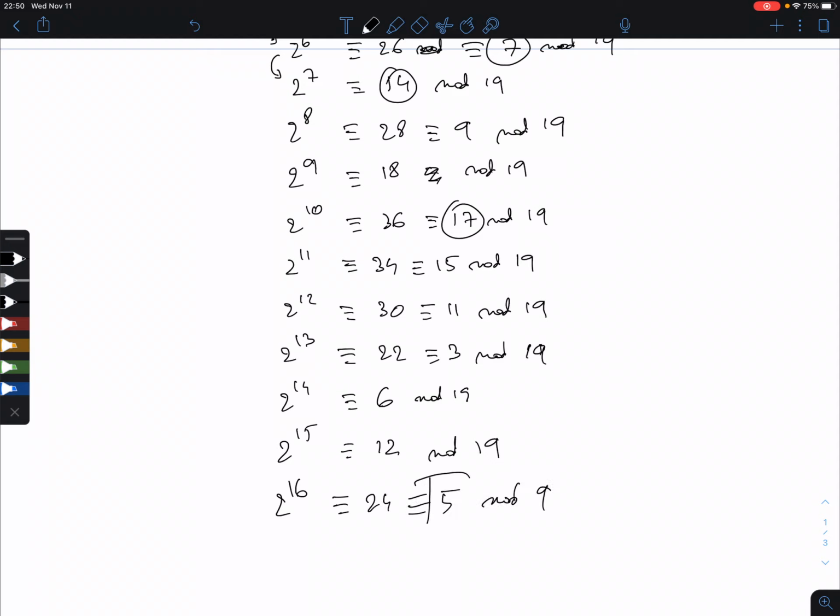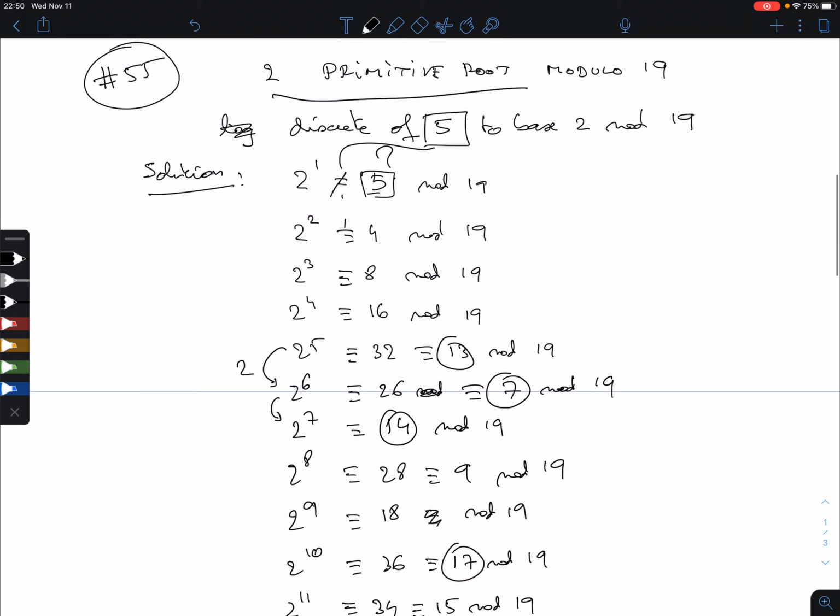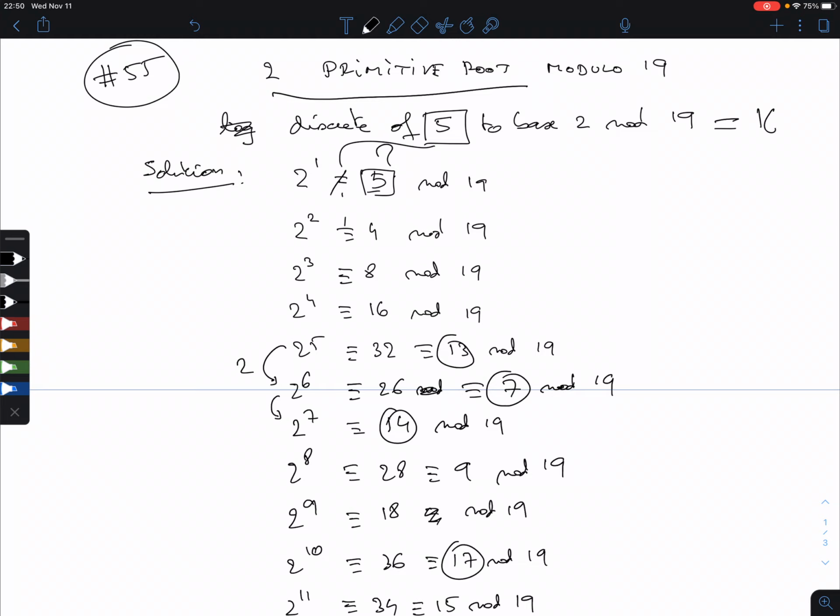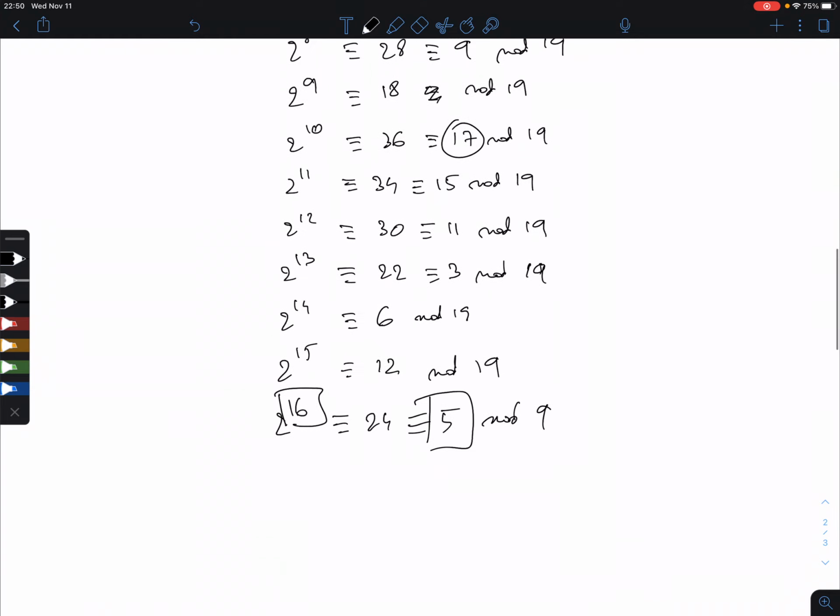This is it. So the log is what? This power. So the logarithm base 2 is 16. Make sure that you read these numbers correctly; what you're looking for is basically the log.